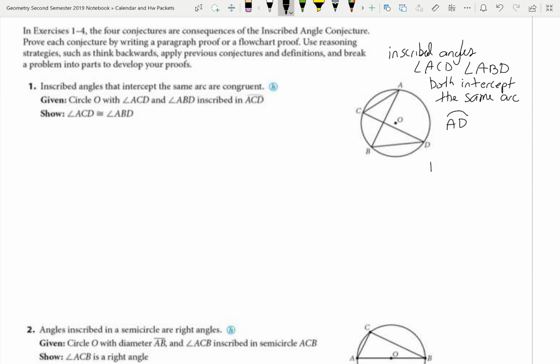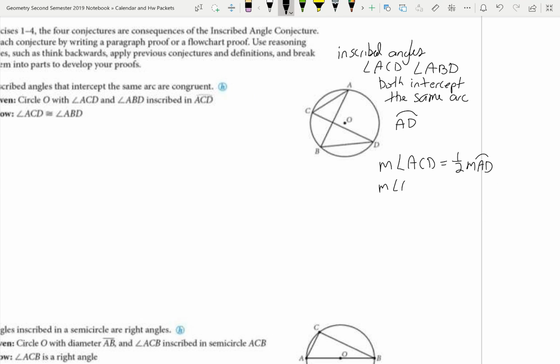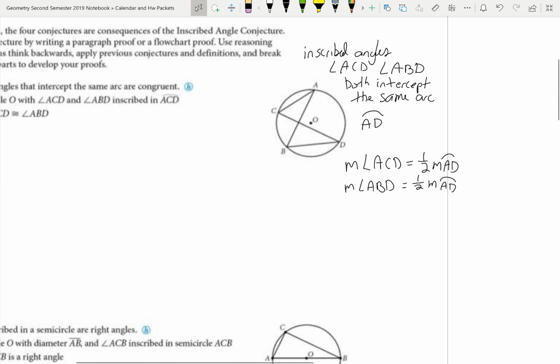So the measure of this inscribed angle equals half the measure of the intercepted arc AD, which means the measure of the other inscribed angle ABD will also equal half the measure of its intercepted arc. And that's by the inscribed angles conjecture, which I'll abbreviate as IA.